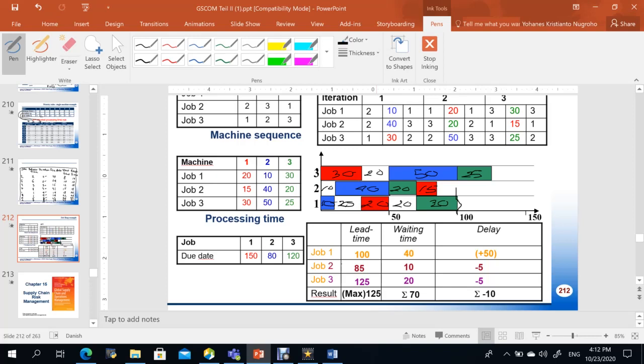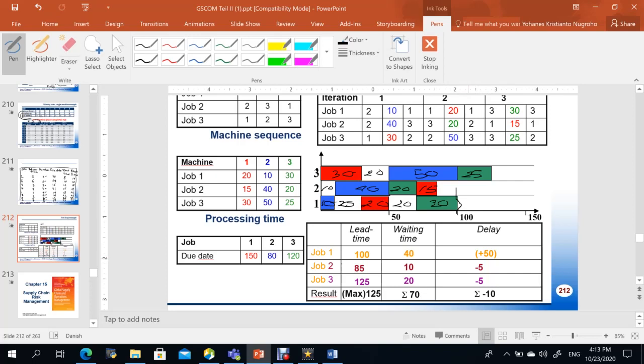So now what about the delay? Because the lead time is within the due date, there is no delay, and therefore we put it here in brackets, meaning that there is no delay. The actual processing time for job number 1 is shorter than the due date.